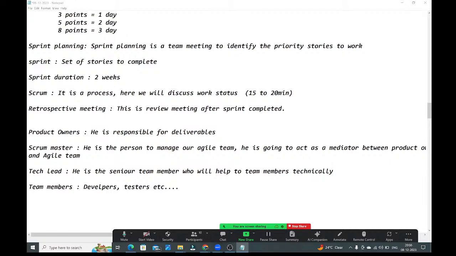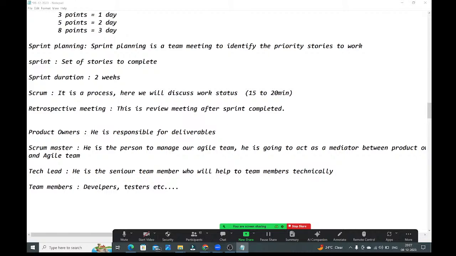Is this terminology clear? Yeah, clear. And one more thing: if any product issues or any changes happen, whom should team members contact?